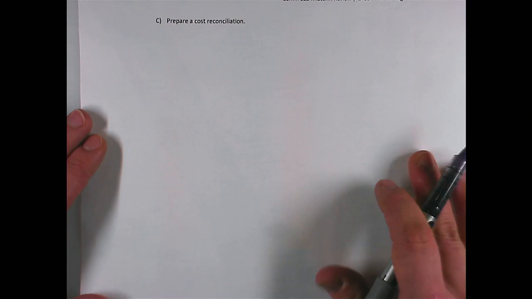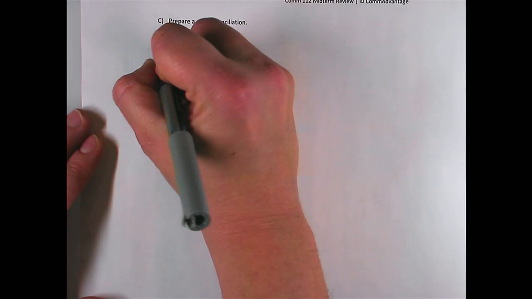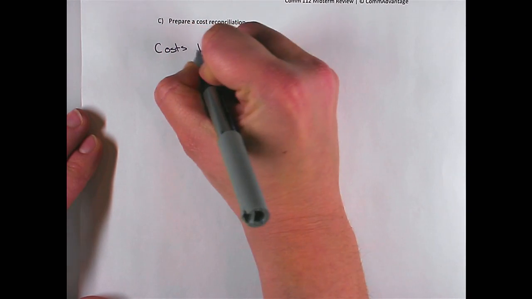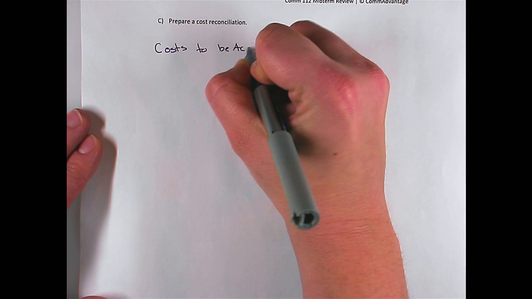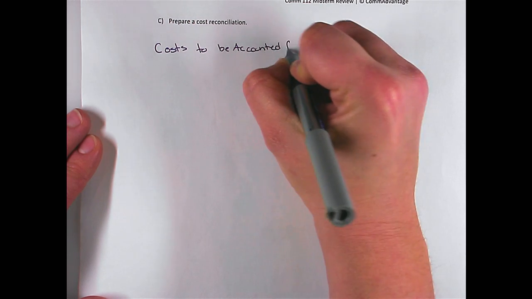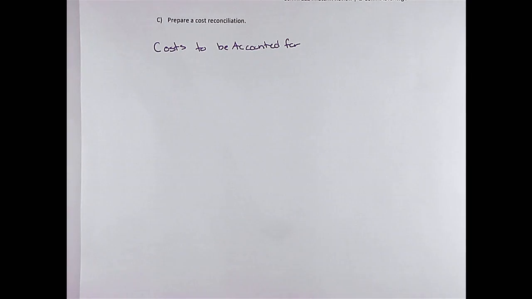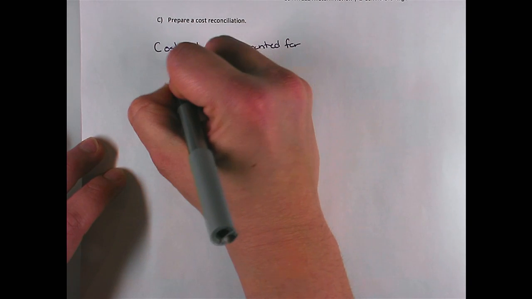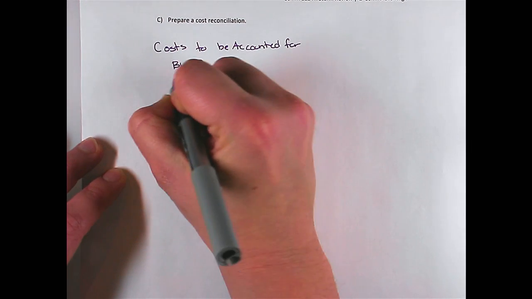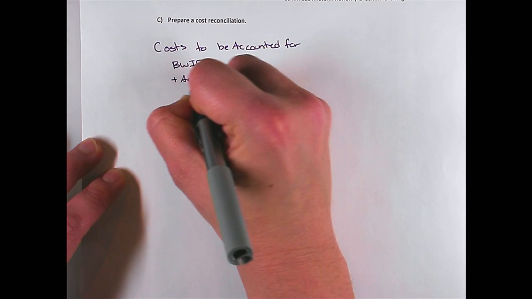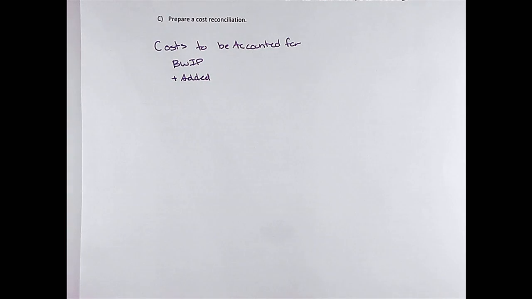All we're going to do is take the costs that we know that we have and the costs that we allocated. So all this is, guys, is just a few lines long, is that we're going to take the costs to be accounted for, and that's what we already basically did, right? It's our beginning work in progress plus the costs that are added, but we just do it all together.